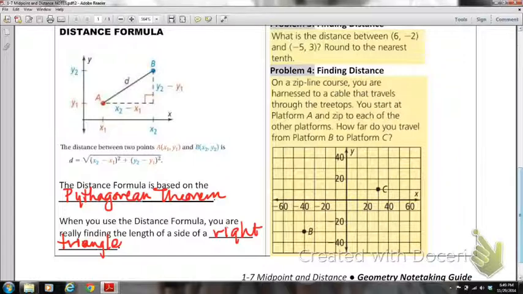So look at the diagram and see how this relates, the distance formula, to the Pythagorean theorem. Here we're trying to find the distance or the length of the segment AB.